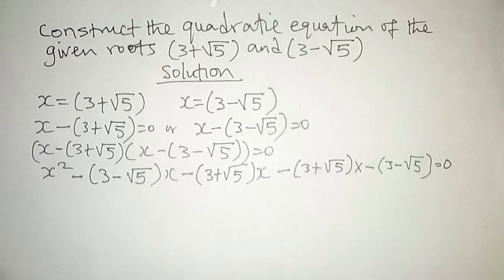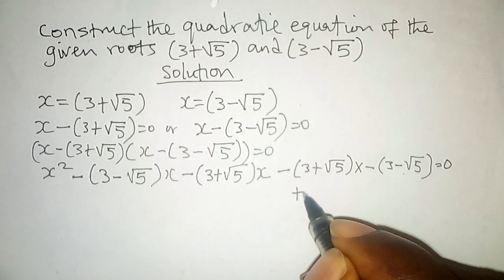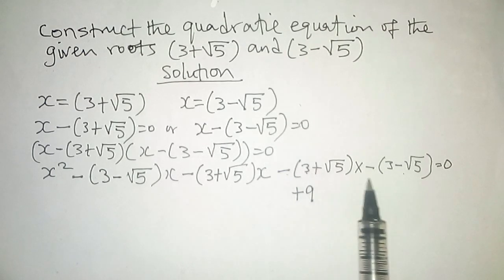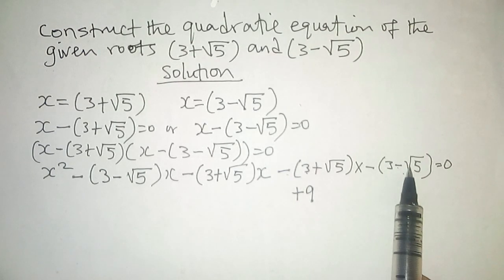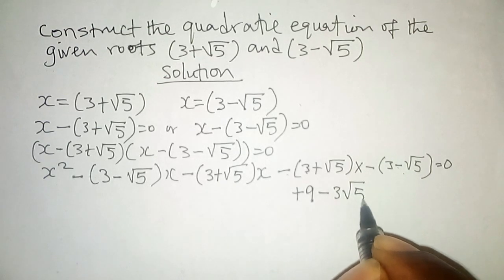Let us take it one step at a time so we don't make mistakes. Let us concentrate on this part. This minus is affecting the bracket, so minus 3 multiplied by minus 3 will give us a positive 9. Minus 3 multiplied by minus the square root of 5 will give us plus 3 square root of 5.